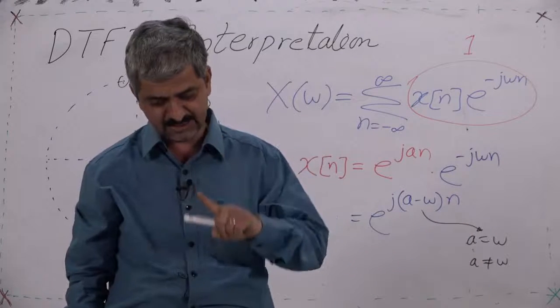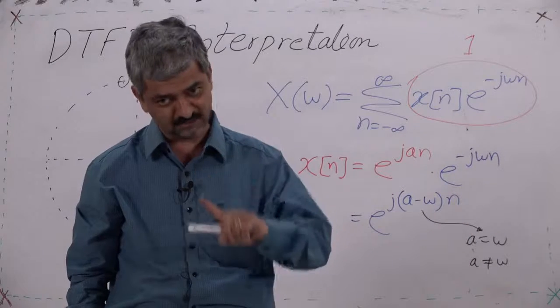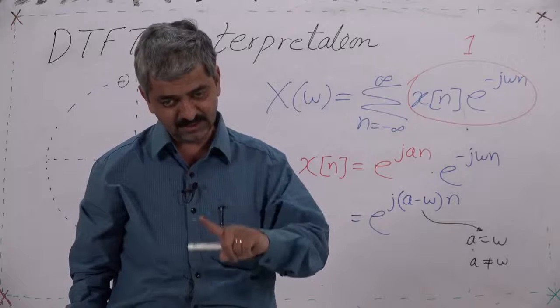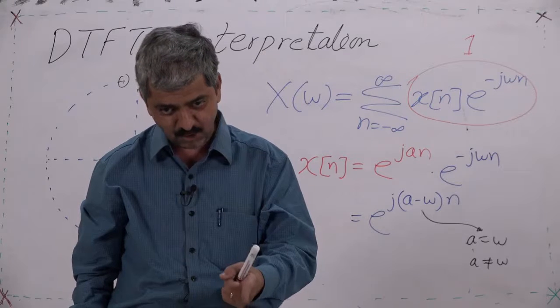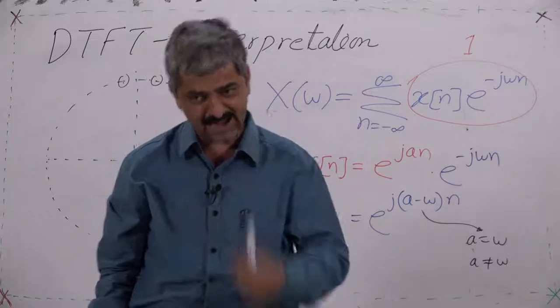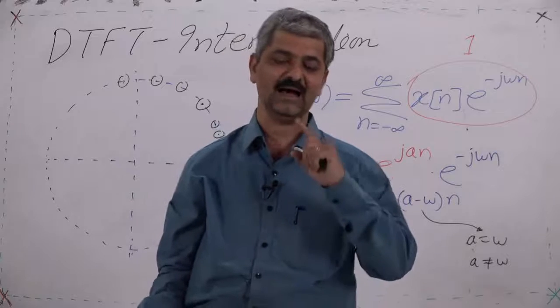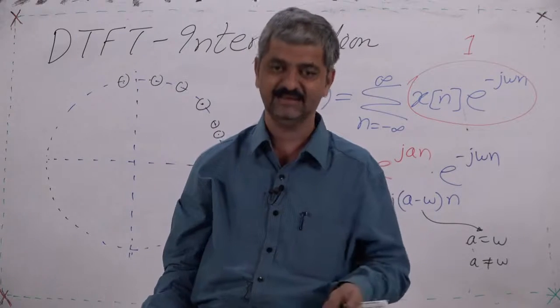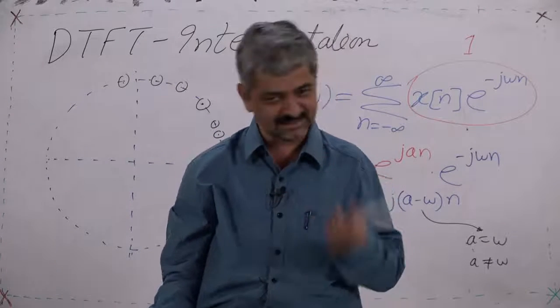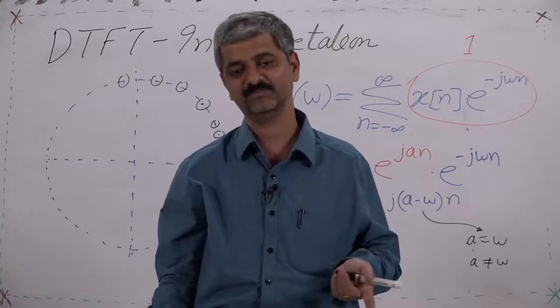So, the discrete time Fourier transform of a rotating point will be an impulse for omega equal to a, and for omega other than a, it will be 0.